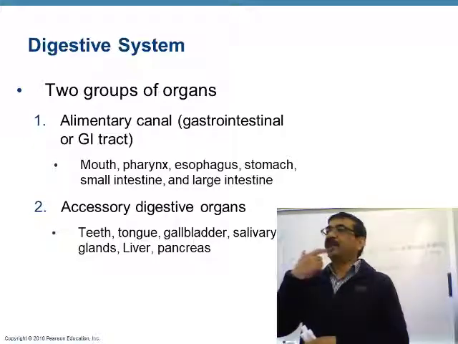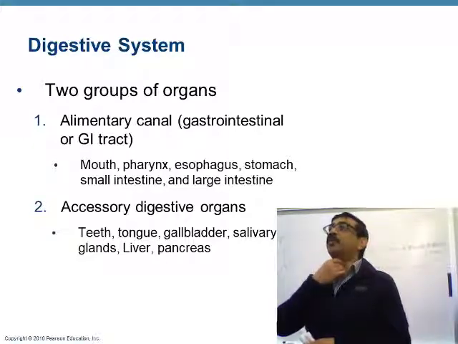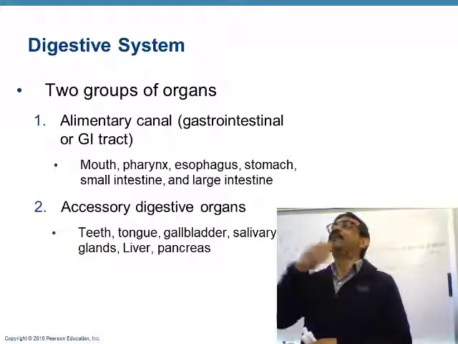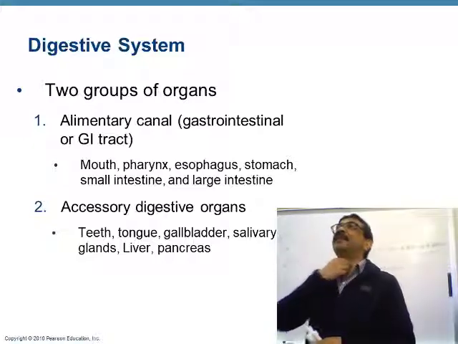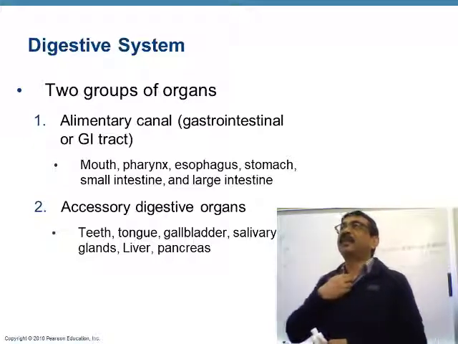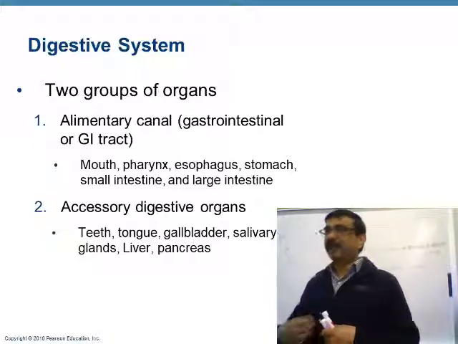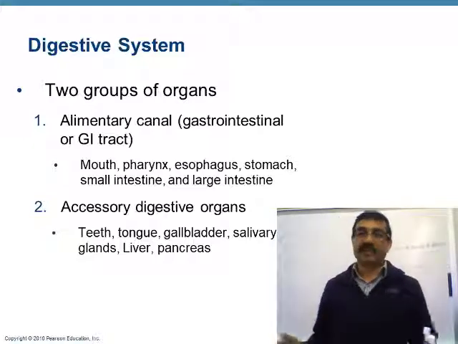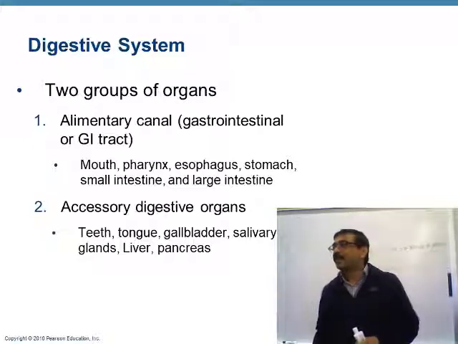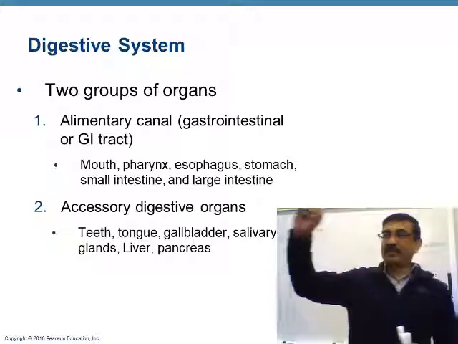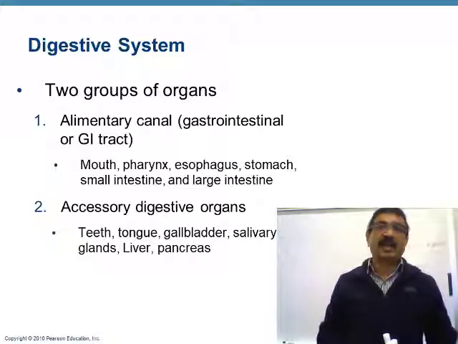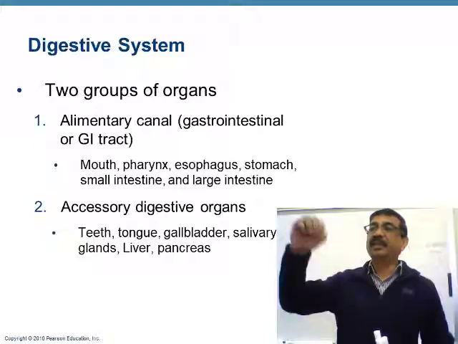First part is the mouth, then you have the esophagus. Before esophagus you have the pharynx, so mouth, pharynx, then the esophagus, then stomach, small intestine, large intestine. So all those parts belong to GI tract and it is a continuous tube.